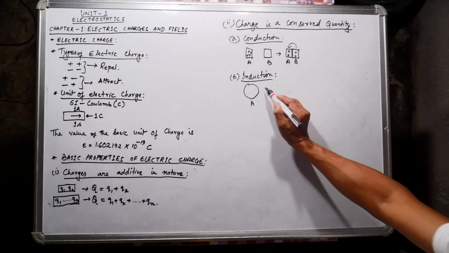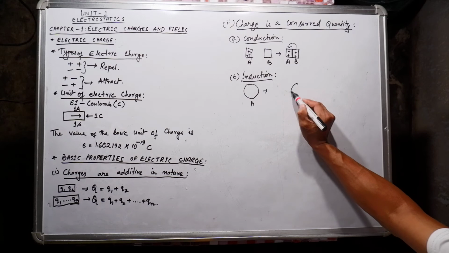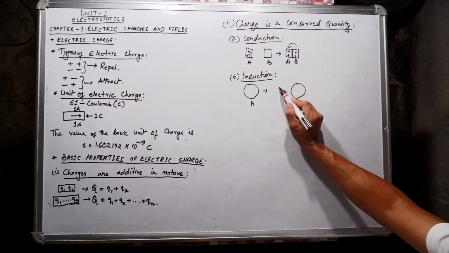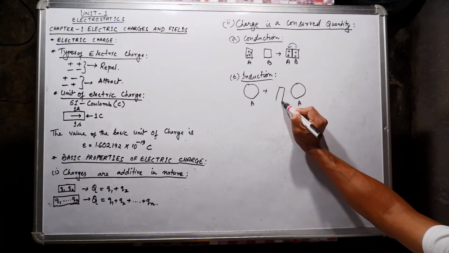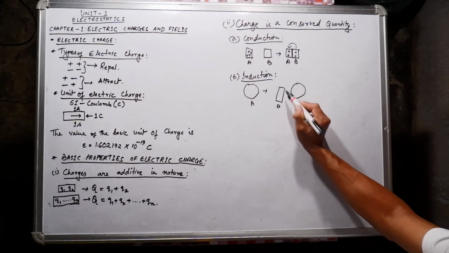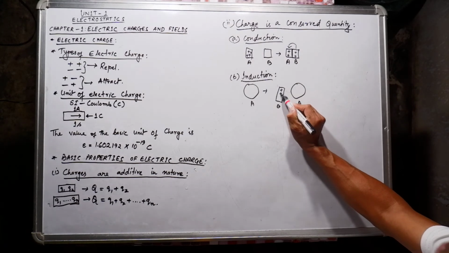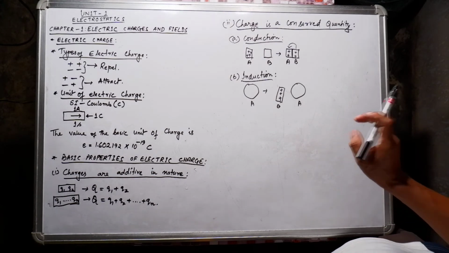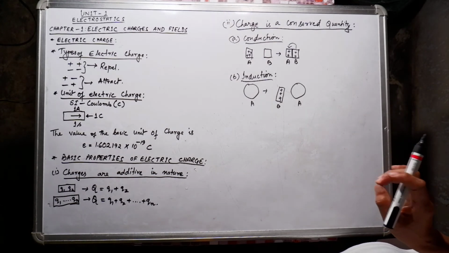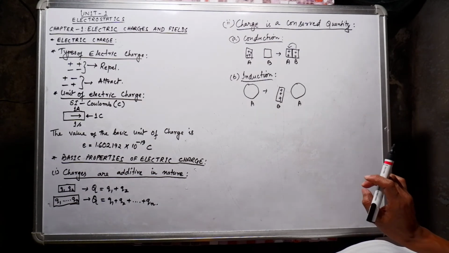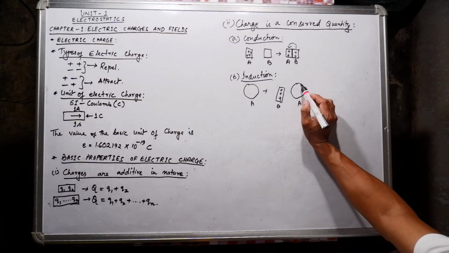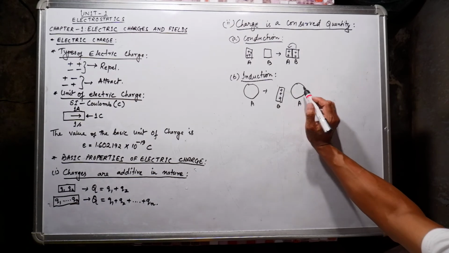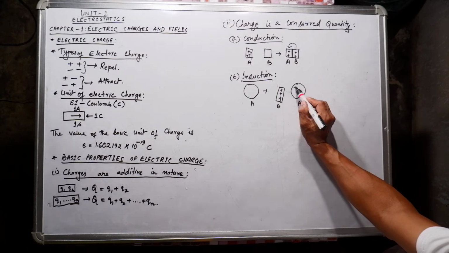Now what happens if, to this neutral body A, I bring a body B, which is a charged body? I bring body B near to body A, but A and B should not touch. We will see that the free electrons present inside A start to shift towards one side.